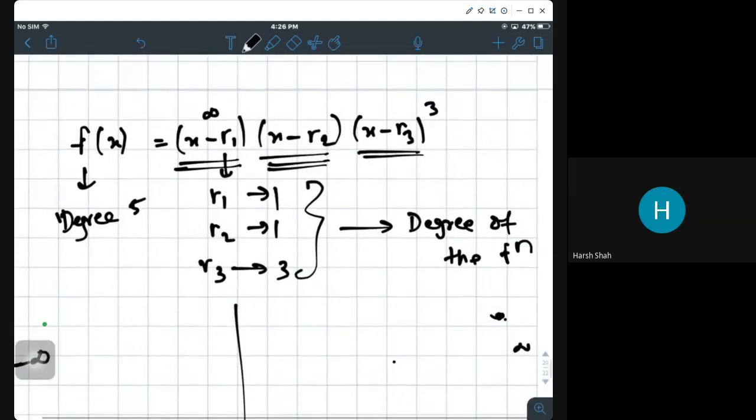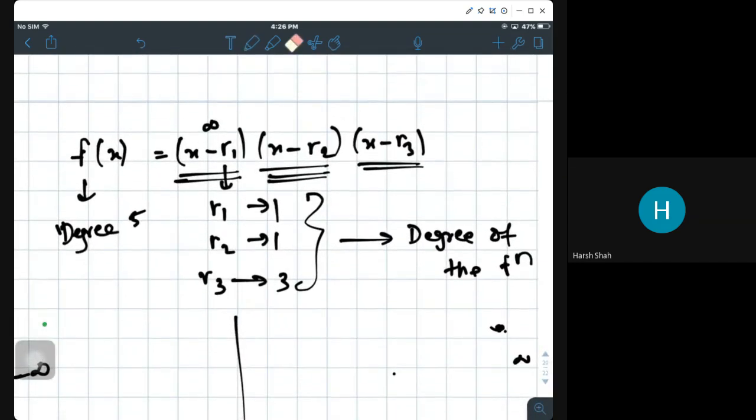Let me try this. I'll add one more term, x minus r4. Let's say I added this. Now the multiplicity has also changed and the number of roots has changed. Degree is same, right?